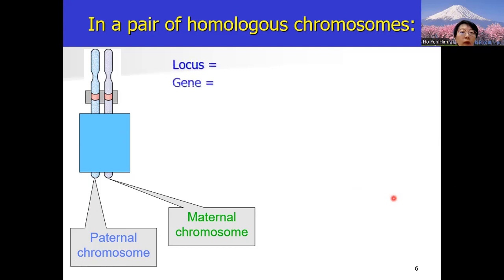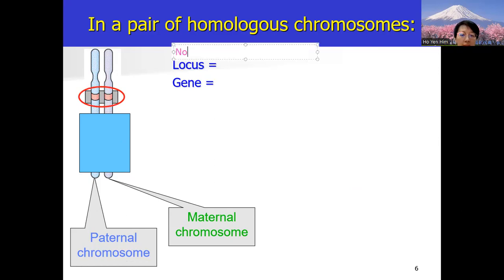So now we want to look at this pair of homologous chromosomes, considering only this location here. For this pair, how many locus are there? How many types of gene?